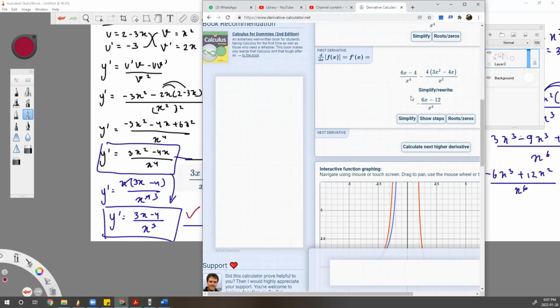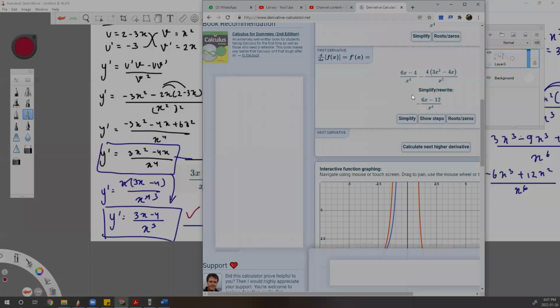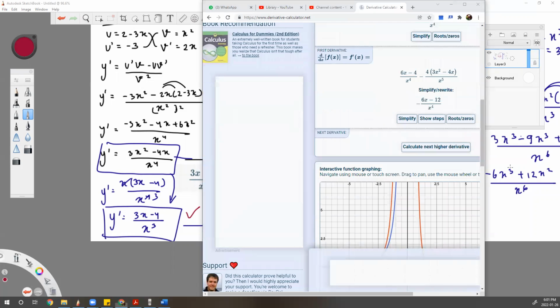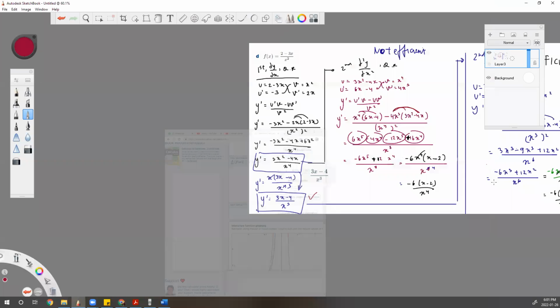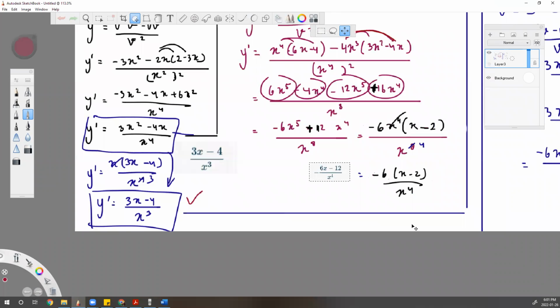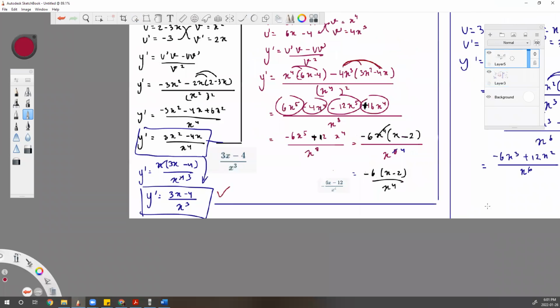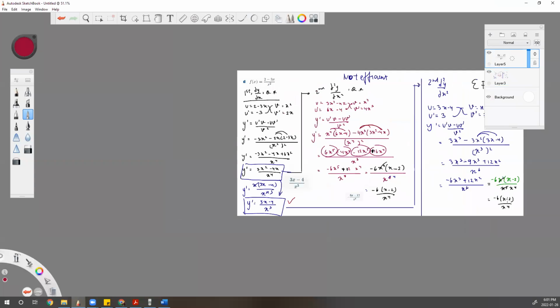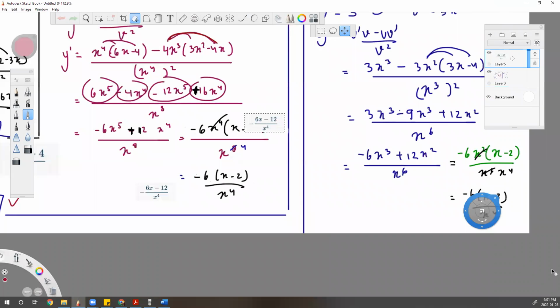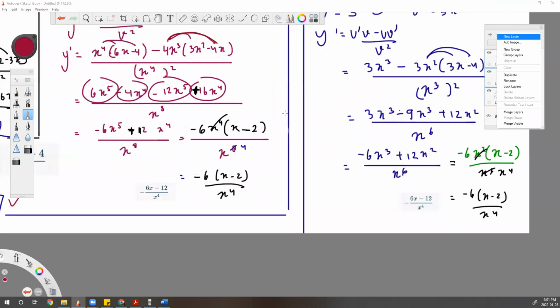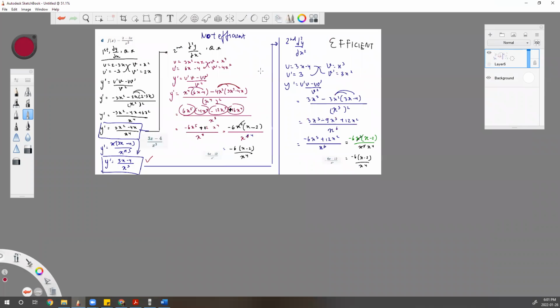Wait, let's prove. Yeah, it's the same. Yeah, by the way, you can just put the negative out of negative 6x minus 12. See, and yeah, surely it will be the same with this. Okay, so they just don't factorize the numerator part.